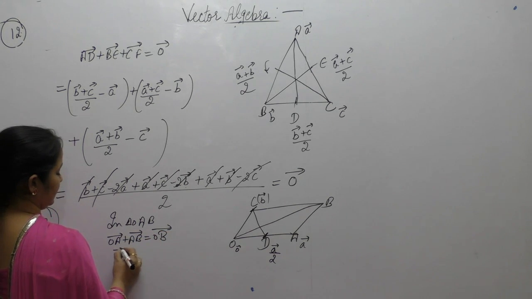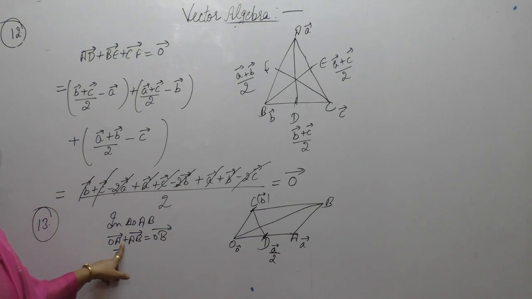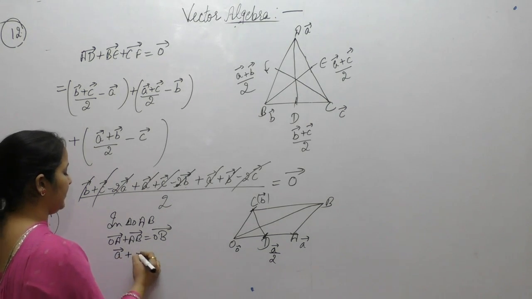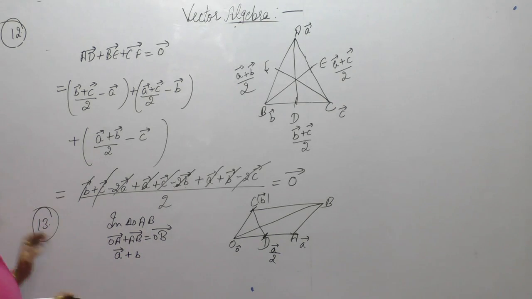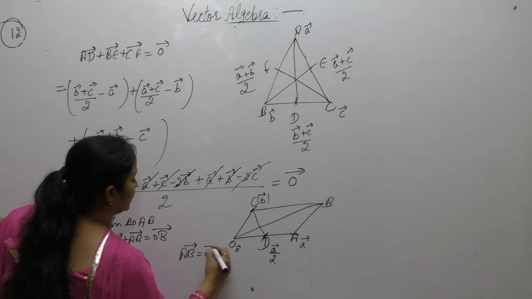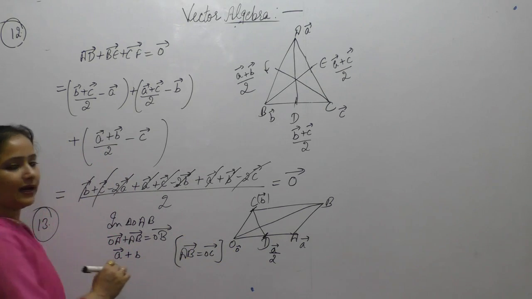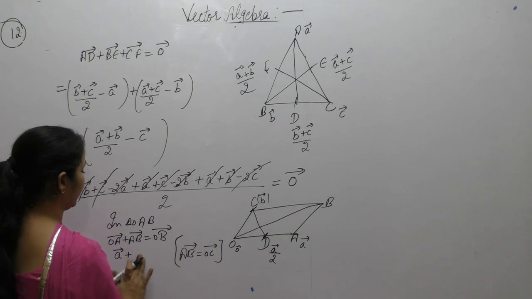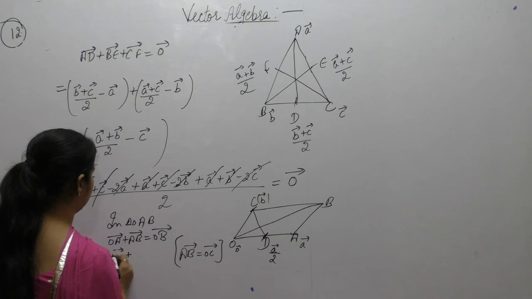OA vector, position vector of A minus position vector of origin, plus AB, position vector of B. AB we want to find. Since AB is equal to OC, because OABC is a parallelogram, therefore opposite sides are equal. So instead of AB, we can write here OC.